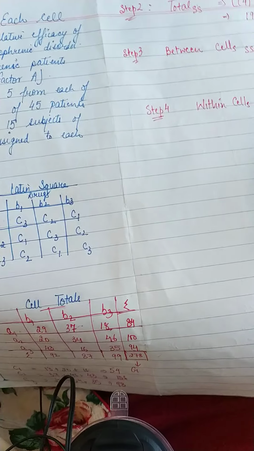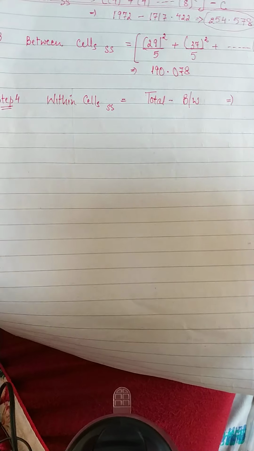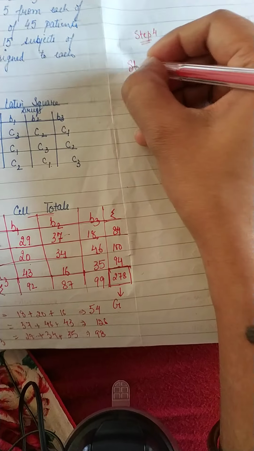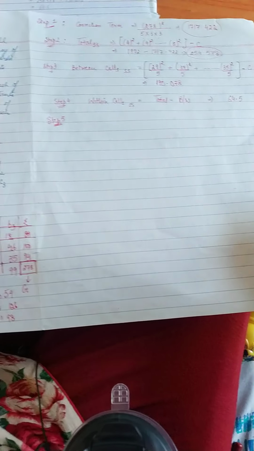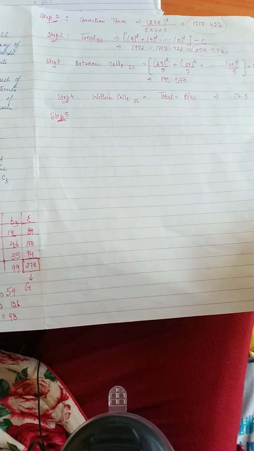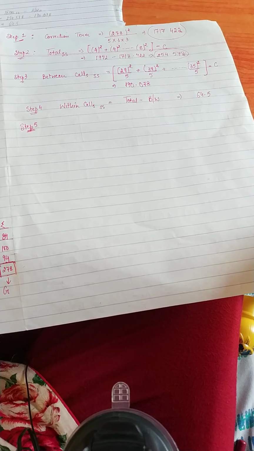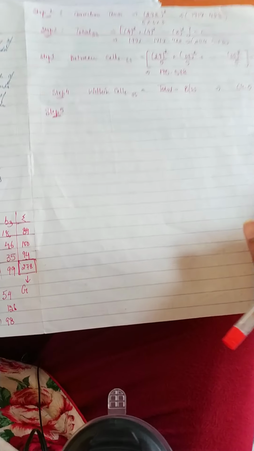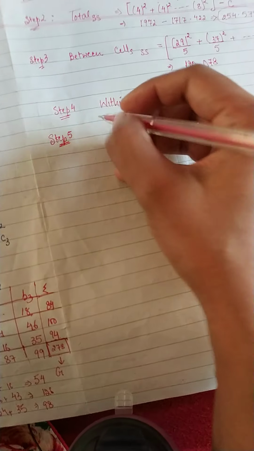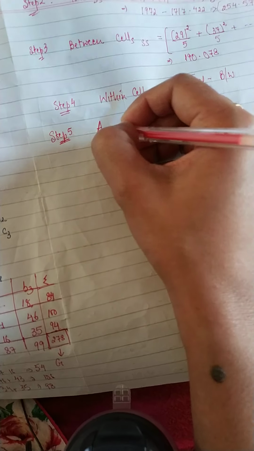So you have the value of total and the value of between, so if you subtract, this answer will come, 64.5. Now after that, we have done the correction term, total, between, within. And now we have to do A sum of squares.